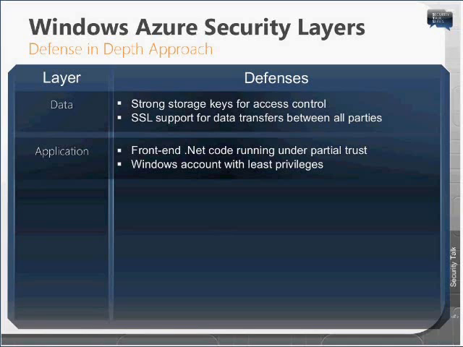In this model, all your code runs under low privilege accounts. And this is a very significant aspect, because both on-premises and in the cloud today, the vast majority of security exploits happen at the application level.